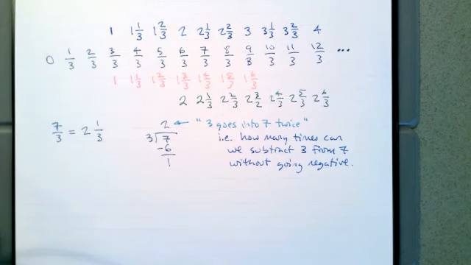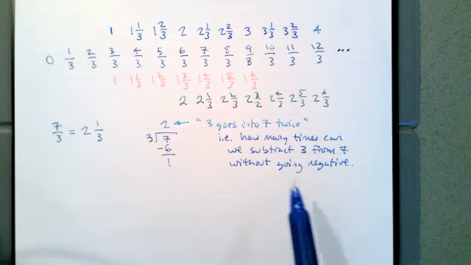So the way that I think about operations now is that multiplication is repeated addition and division is repeated subtraction. That's the way I think about multiplication and division now, as they relate to the base operation of addition and its inverse, subtraction.